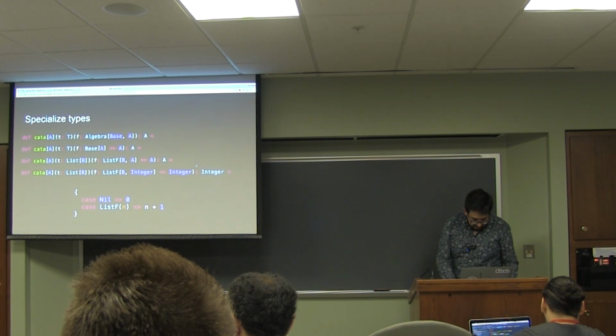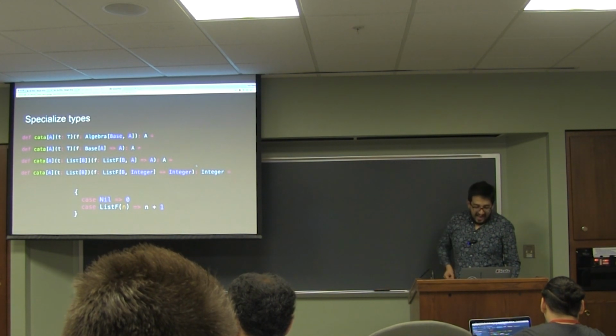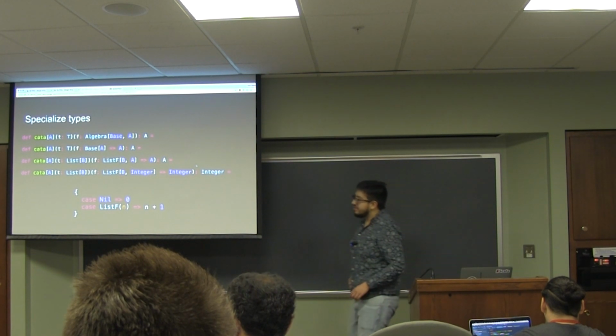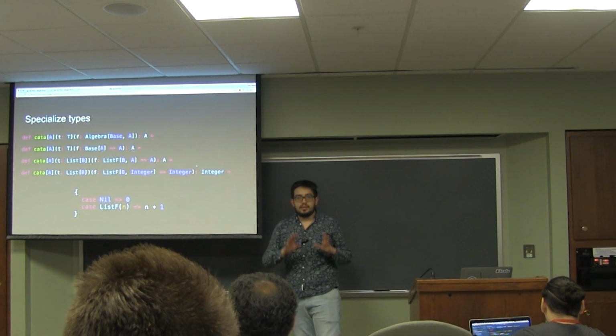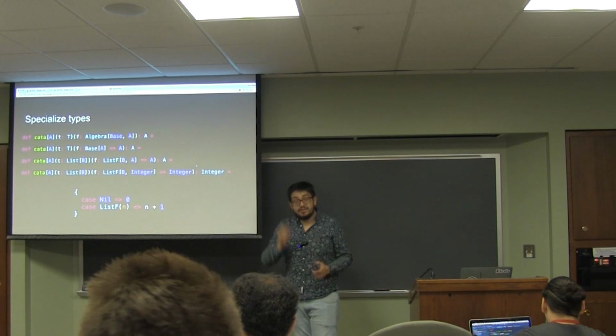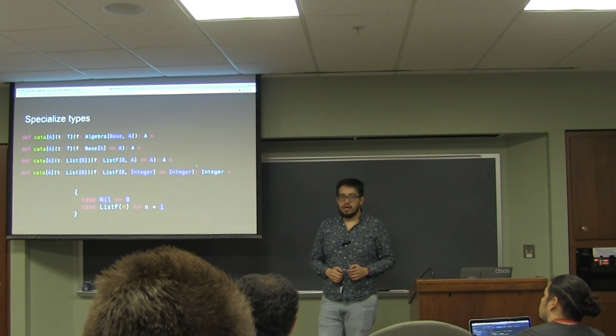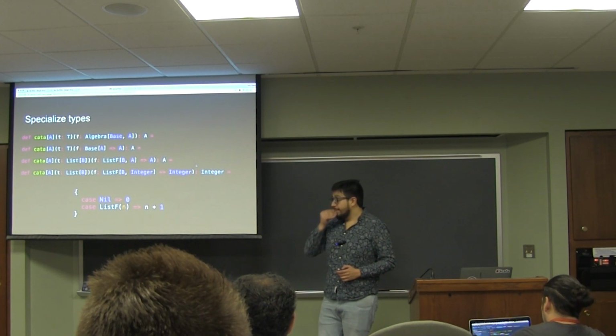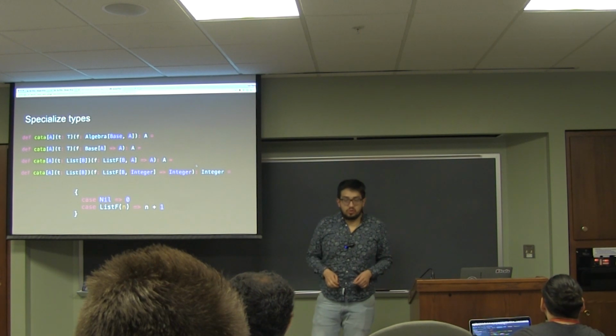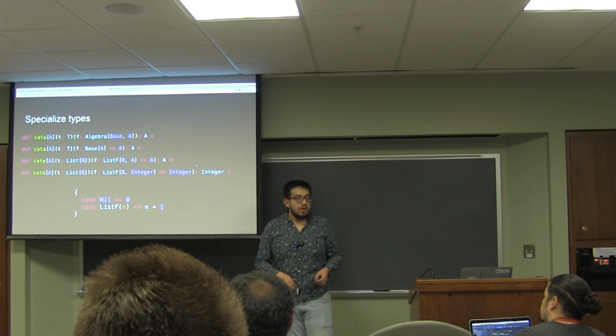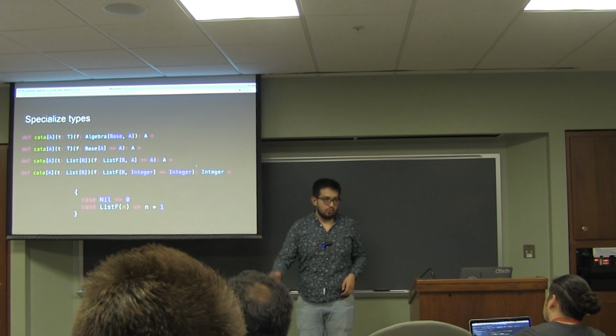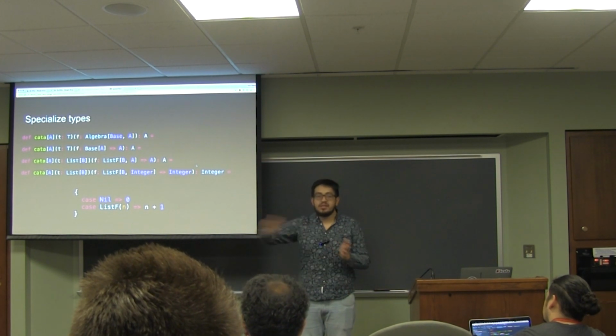Okay, this is some very simple code, but it gives us some interesting insights on what's going on here. We know that in order to fold a list, we will start with the non-recursive position. We will start with the end of the list.